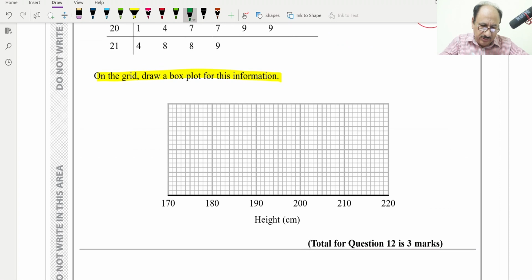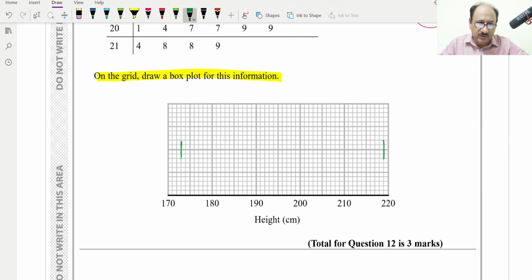So 173 will be this one, and we can draw a line over here. This is the minimum number, and the maximum number is 219. It is up to 220, so 219 will be this. So these are the extreme values which we have indicated on the box plot.